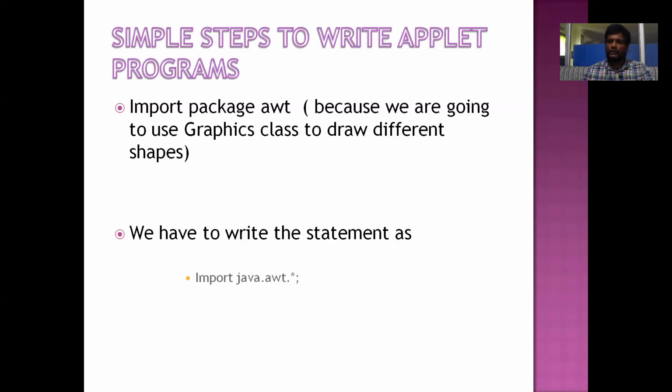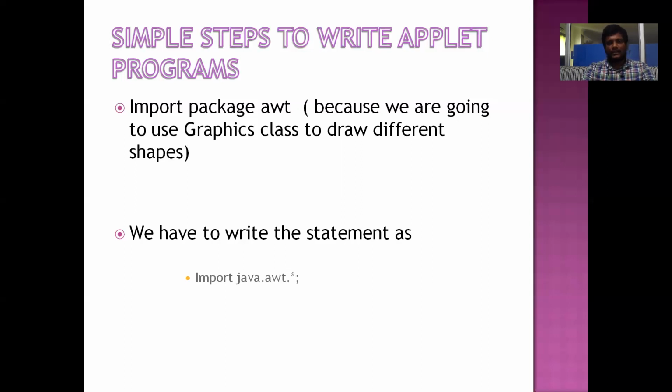So in order to use all those methods, we have to import this Graphics class in our program. The Graphics class is located in the AWT package. That is why we are importing the AWT package in our program.